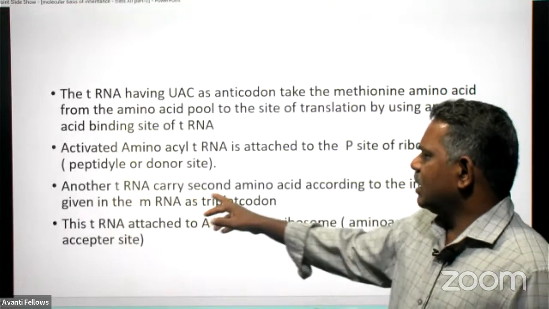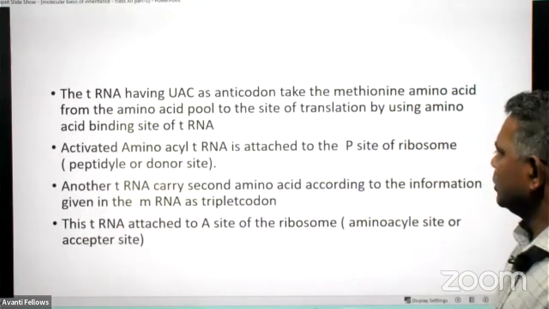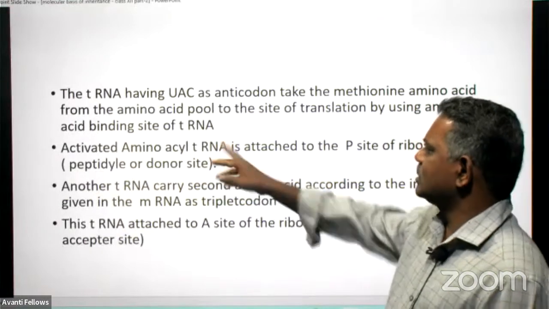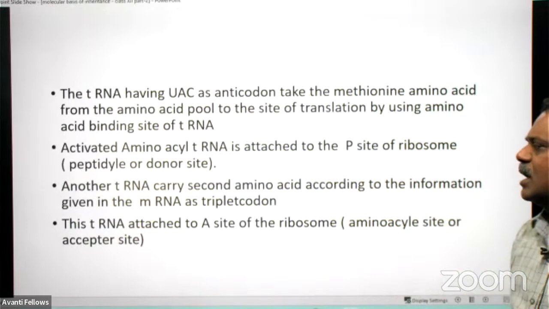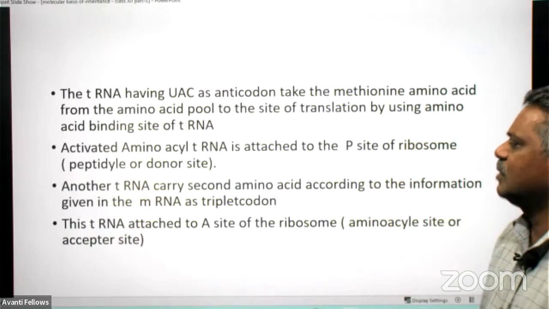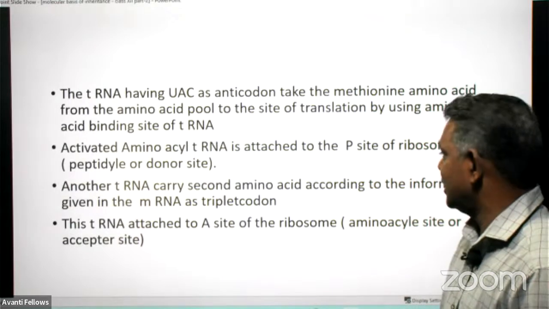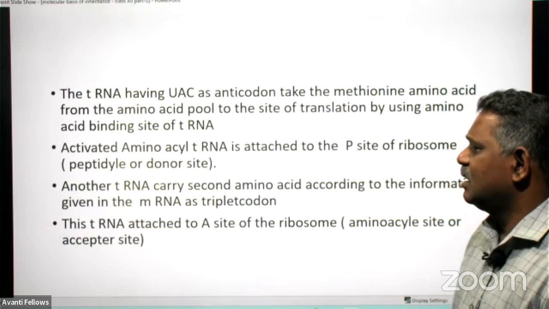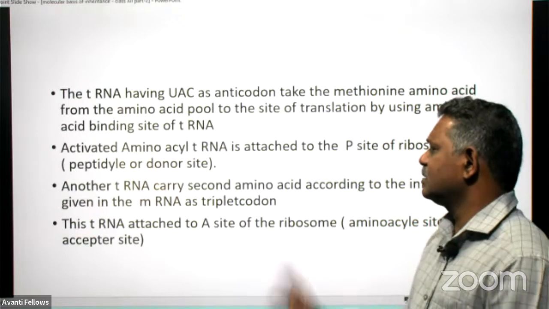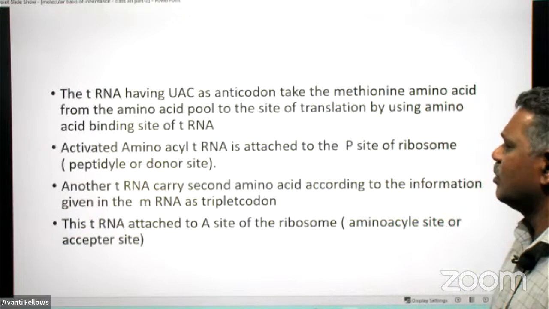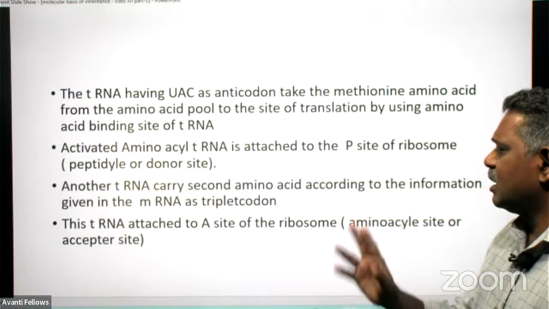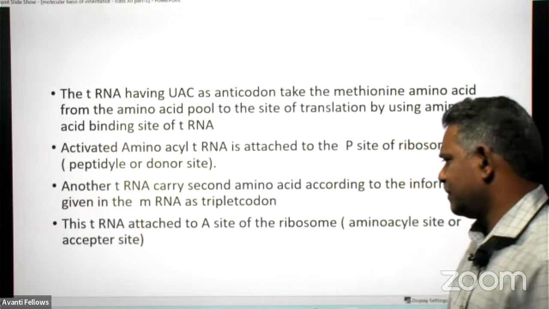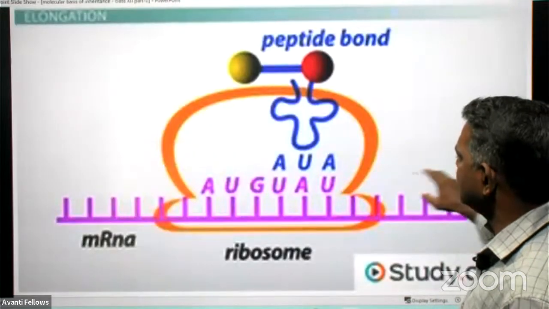Another tRNA carries the second amino acid according to the first one, the activated amino acid tRNA that is attached to the P site of the ribosome only, or it's called as what? The donor site or peptidyl site. P site, peptidyl site. And another tRNA carries the second amino acid according to the information given in the mRNA triplet codon, and this tRNA is attached to the A site. First one is attached to what?